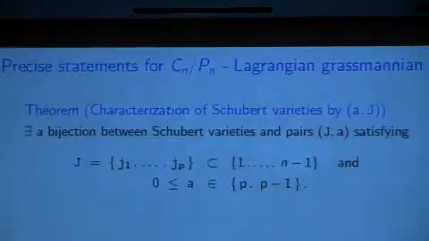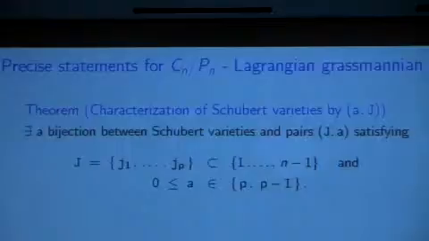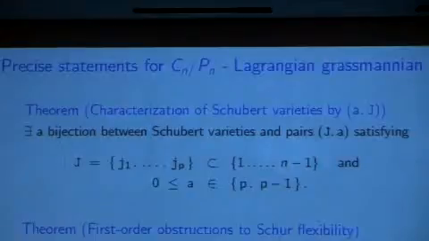Any subset at all is fine, but it does put constraints on your choice of the integer A. It's going to be either the number of elements in the marking J or one less than the number of elements in the marking of J. But modulo that restraint, there's now a bijection between those J and A and the Schubert subvarieties.